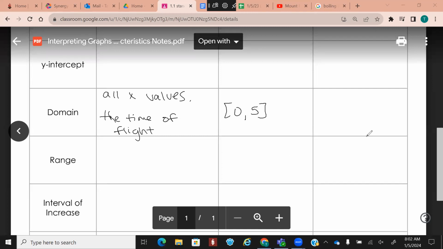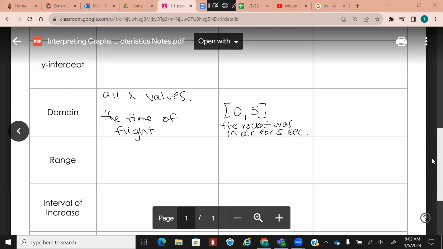Notice how I use those little brackets, because they include the rocket doing something. To put this in real life terms, the rocket was in the air for 5 seconds.